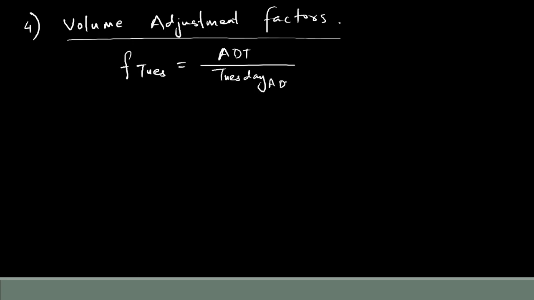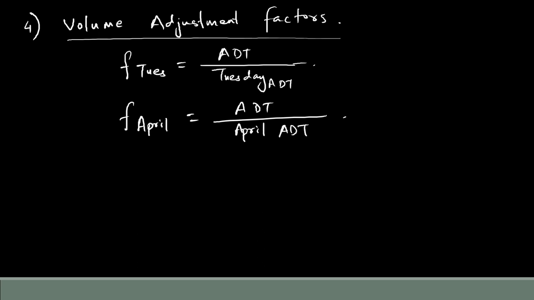That is the volume adjustment factor for Tuesday. Let's say you need to do it for the month of April. You will do AADT divided by April ADT. Okay, so these are the volume adjustment factors.